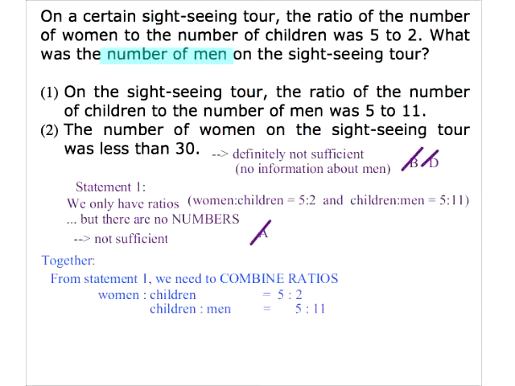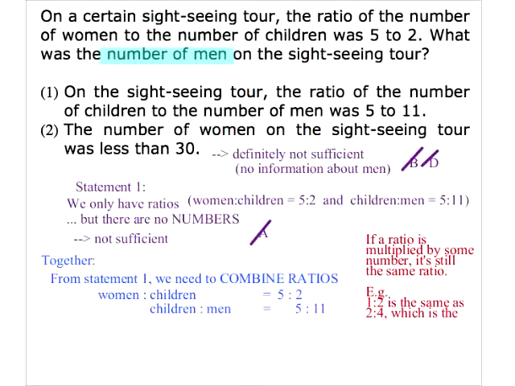For instance, the ratio 1 to 2 is the same as 2 to 4, which is what you get if you multiply it by 2, or you can multiply it by 100, etc. These are all the same.